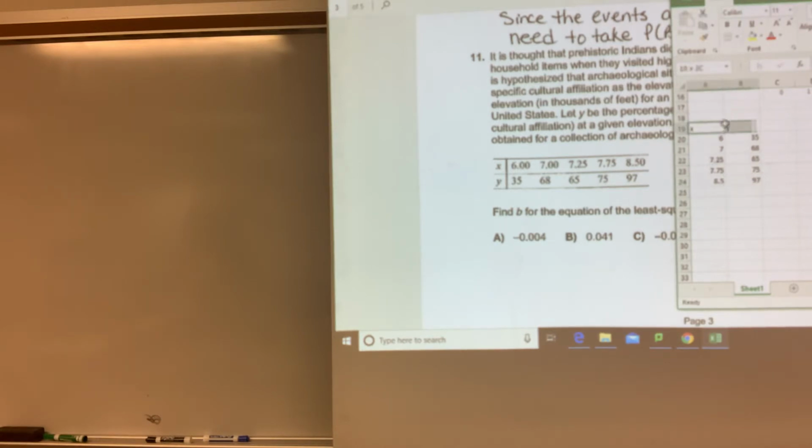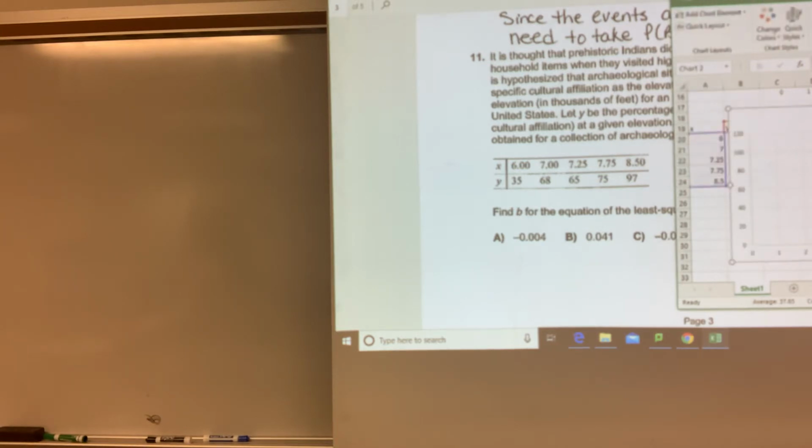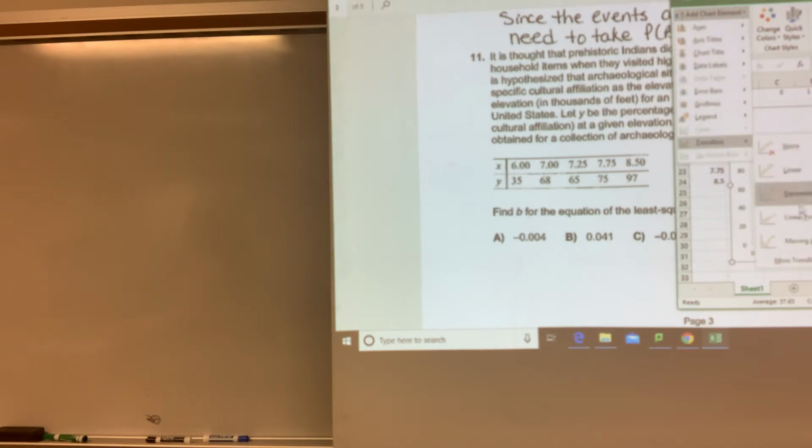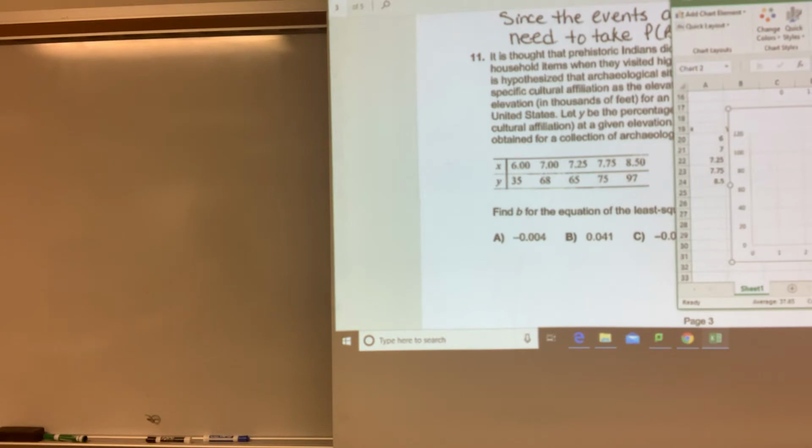So I prefer to simply highlight, insert, scatter, and then I'm going to add a chart element, trendline, more trendline options, scroll down. I may as well get R squared while I'm there. And let me make it bigger for you.